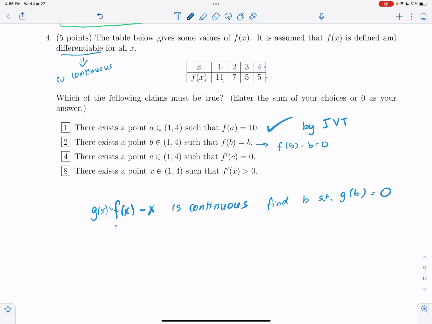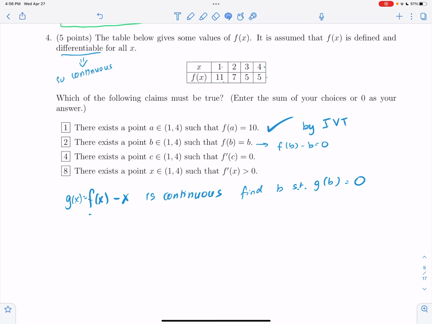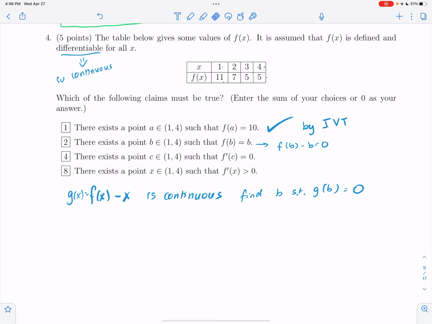Well, this is just about a continuous function, so we're not talking about a derivative or anything, so it's the intermediate value theorem again. Okay, well, when can we find a 0 of a function or a root of a function? If you find a point where it's positive and a point where it's negative, since 0 is between a positive and negative number, you know there has to be a point between where it's 0. Okay, well, let's look at f of b minus b.